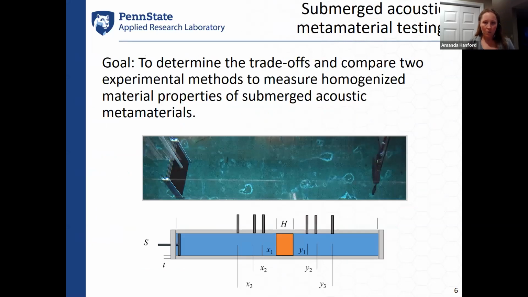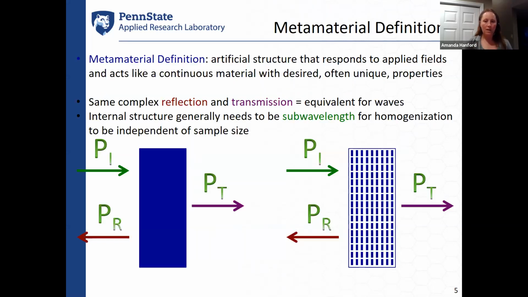One thing that we've done is to characterize these metamaterials. One of the examples that I'm going to show today is how we characterize these metamaterials, looking at the small scale versus being able to extract material properties of interest.